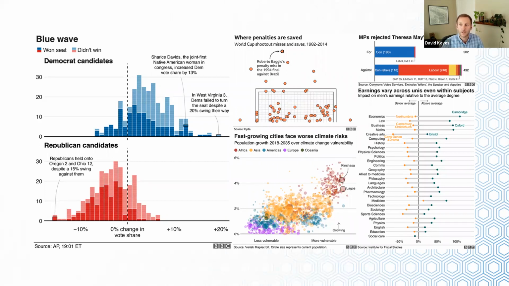This is a wide variety of types of visualizations, but all of these are made with ggplot. You could make them with Excel, minus maybe that one. I don't know how you would make that with Excel, although there probably is a way. But ggplot is super flexible and allows you to make really high quality visualizations.